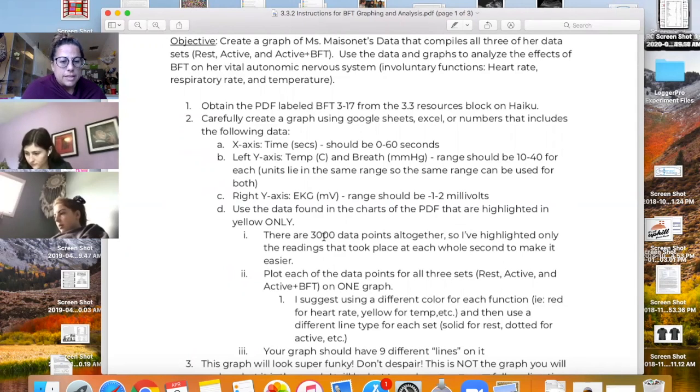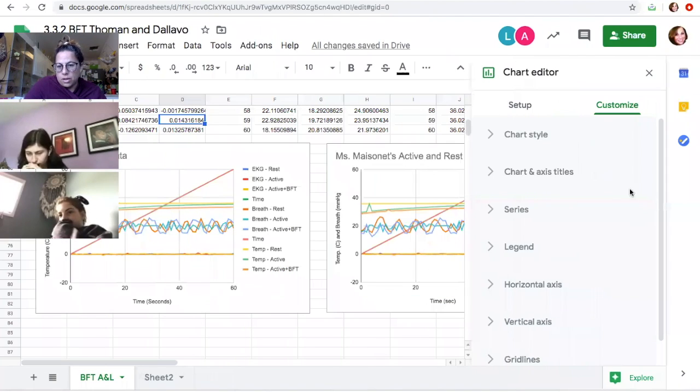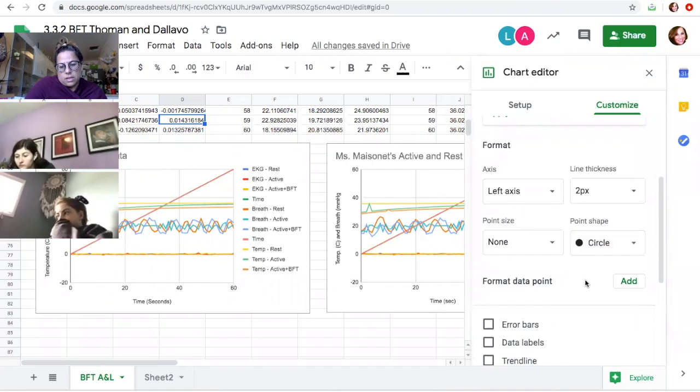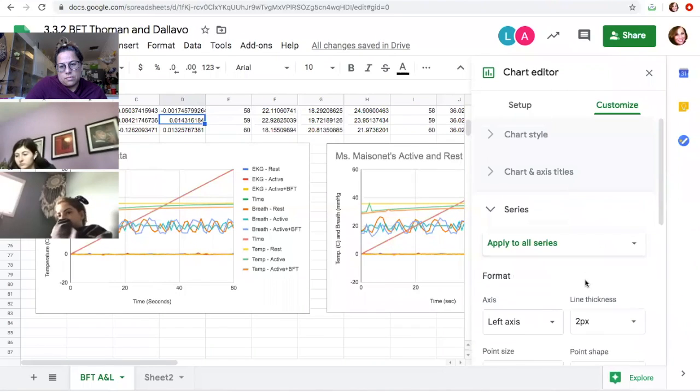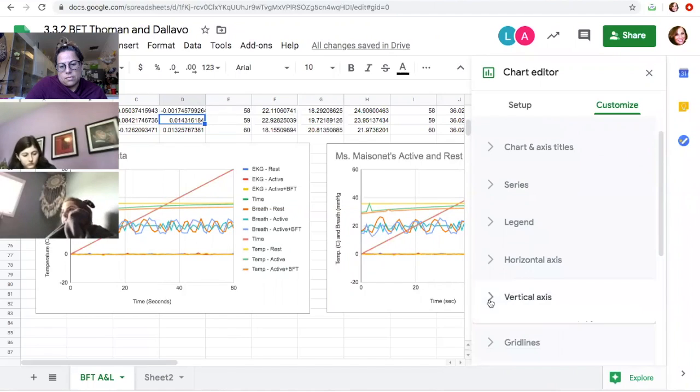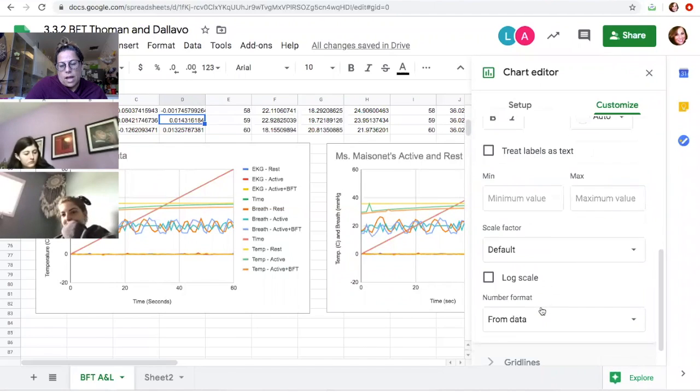Now, if you're looking at step 2B still, it also says that we need to change our range to be between 10 and 40 units. So when you go back to your chart editor, now we can click on series. I lied.